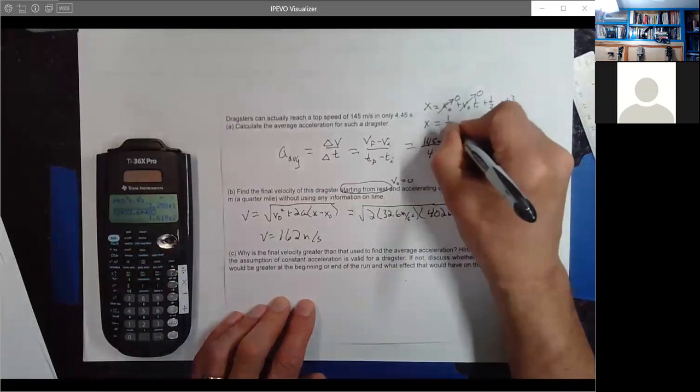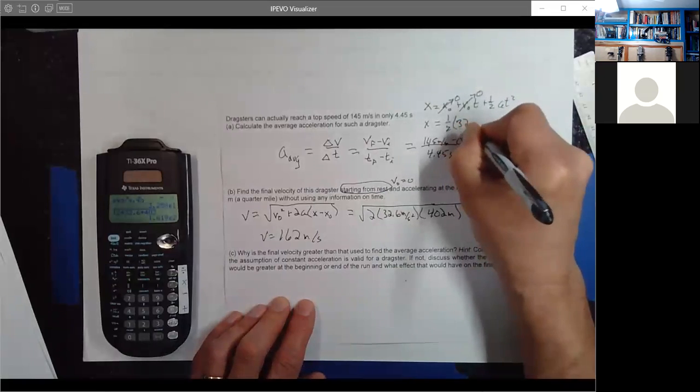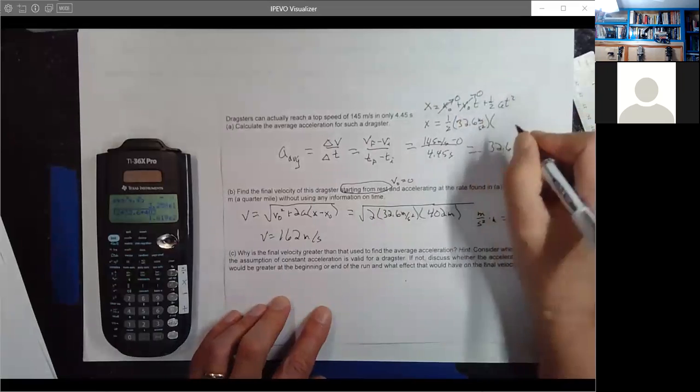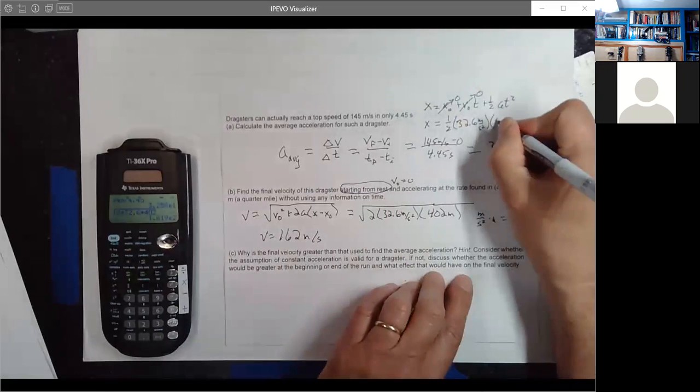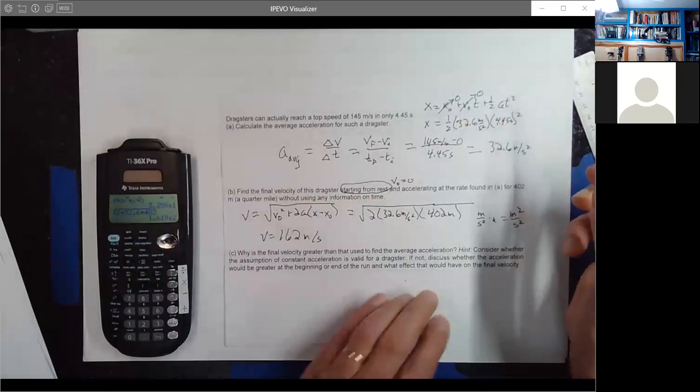And 1/2 times the acceleration, 32.6 meters per second squared, times 4.45 seconds squared.